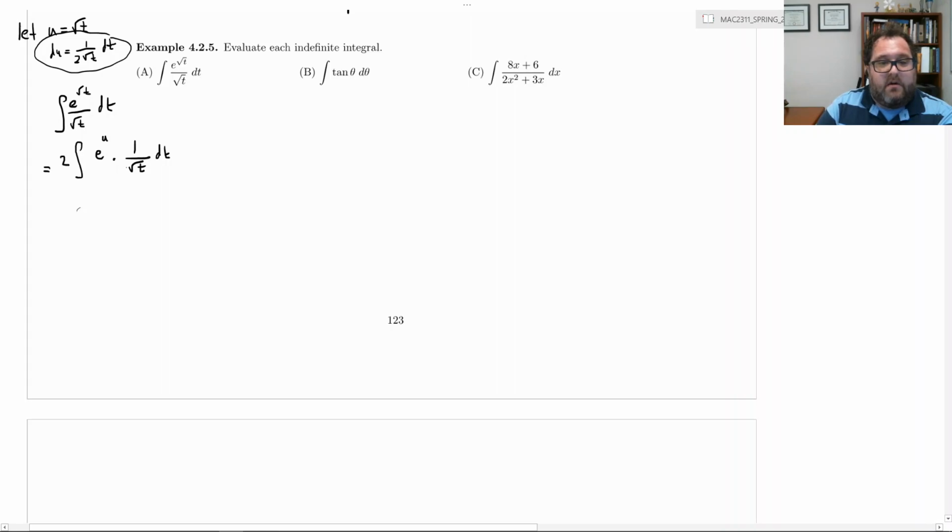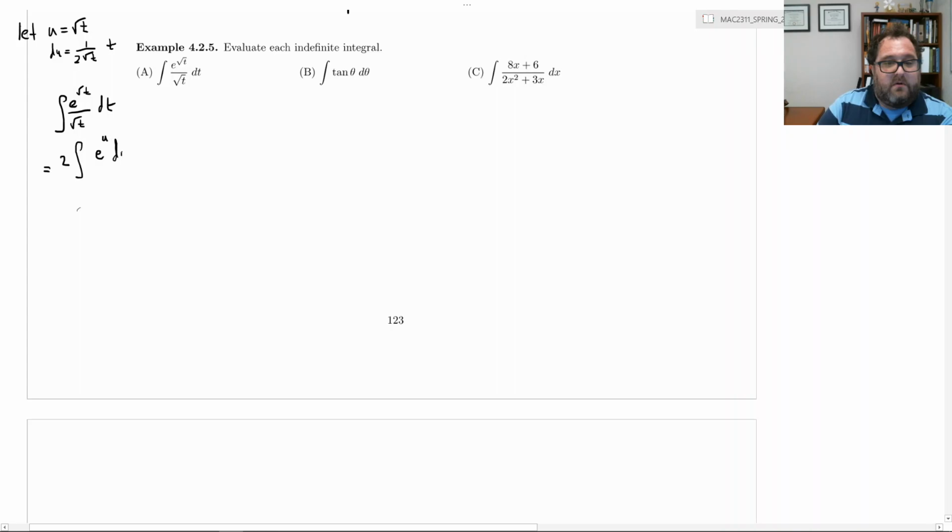Now notice what I have. This is exactly what I know du to be equal to. So I can replace it with du.